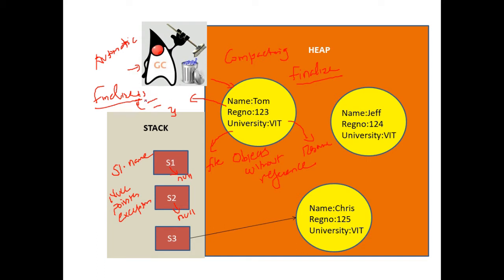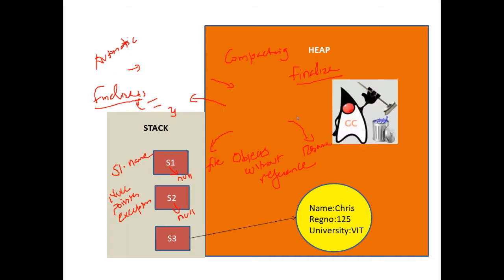So the finalize method will be called before deleting an object, to release the resources. Let's assume that the garbage collector calls the finalize method, and once all the resources are released, it goes in for deletion.